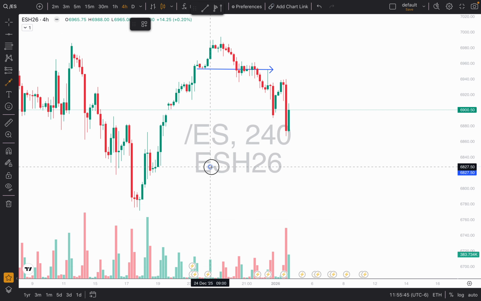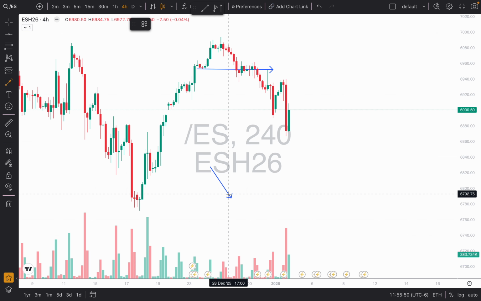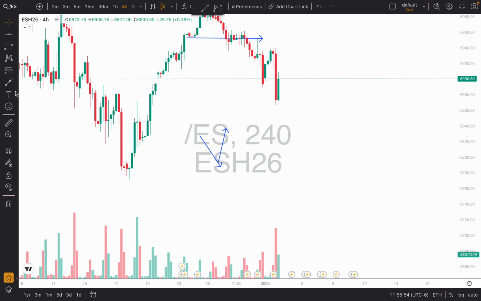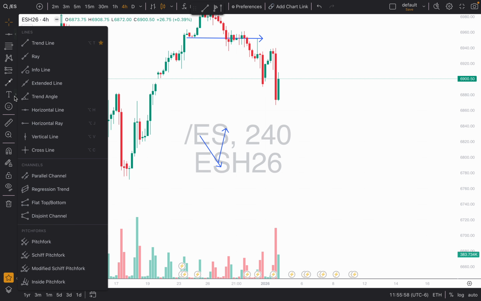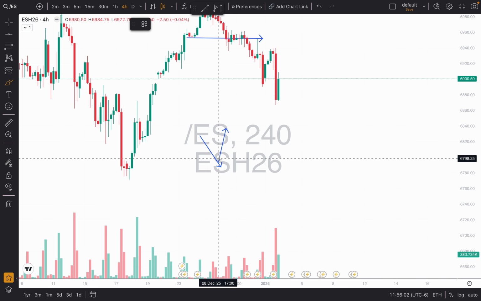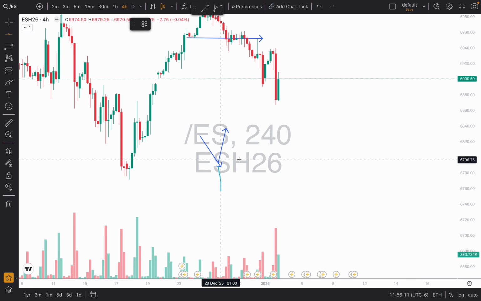Say we have a low right here in that uptrend, and price has a wick right here. Now, price needs to close below that previous swing low, right?